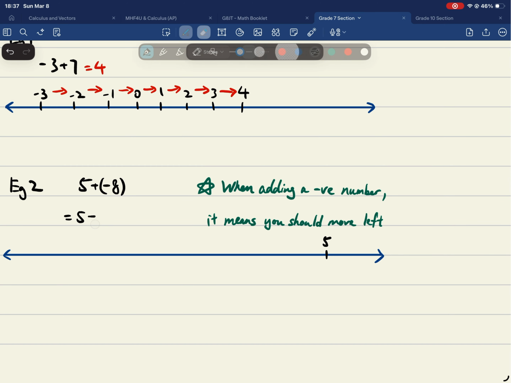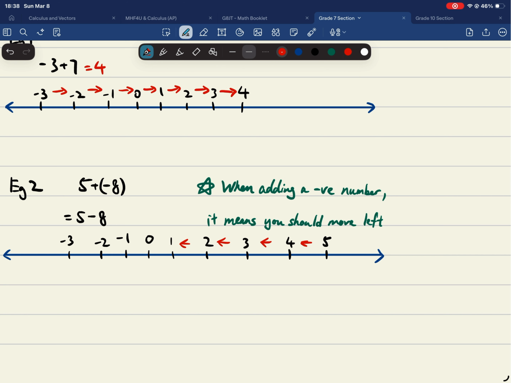When we count, we'll move to the left, and it will be 4, 3, 2, 1, 0, -1, -2, and finally -3. And if you count all these, 2, 3, 4, 5, 6, 7, and last 8, you'll get the answer as -3.